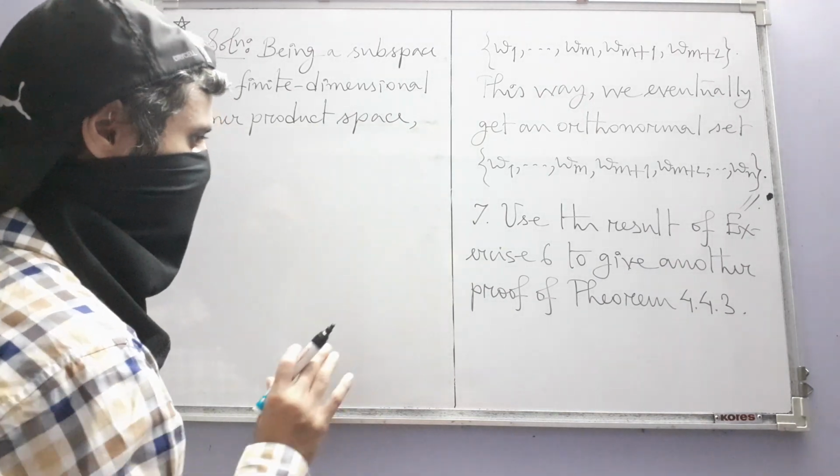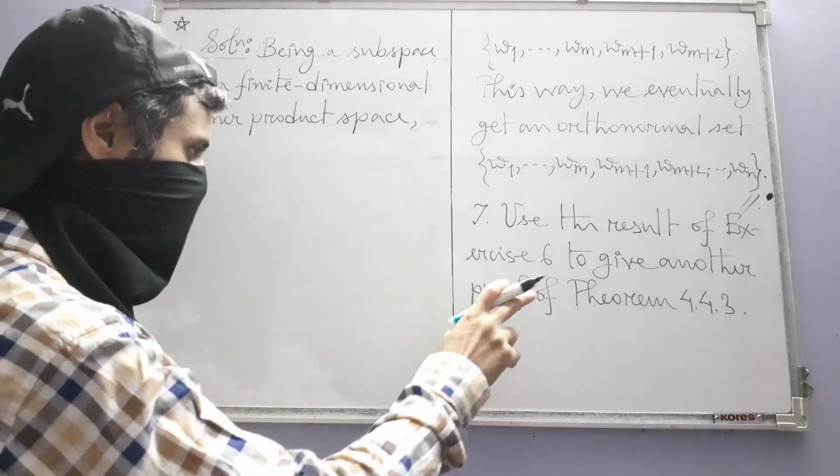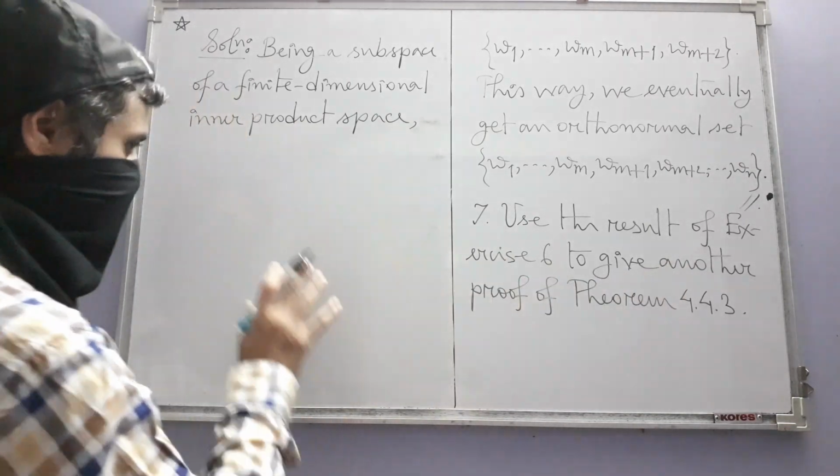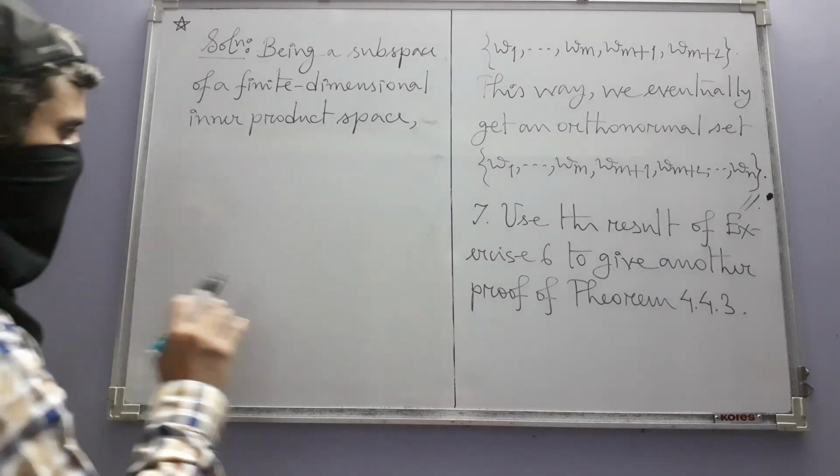V is our finite dimensional inner product space. We have V and W in the hypothesis of this theorem. We are not going to repeat those things.